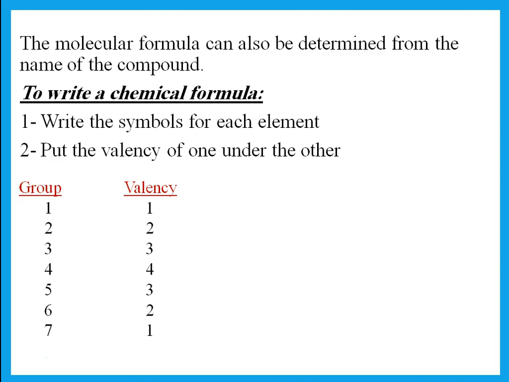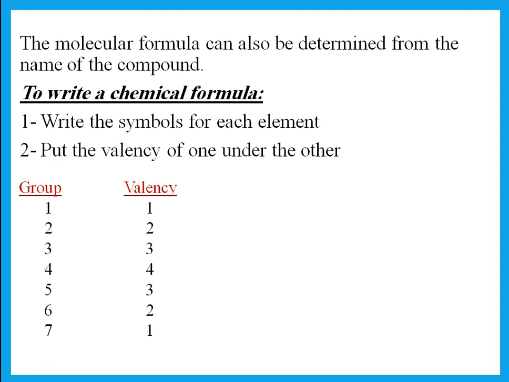So for example, anything in group 1 has 1 electron in its outermost shell. It needs to lose it, so we say that its valency is 1. Valency is basically the number of electrons that we need to lose or gain in order to have a full outer shell. Anything in group 2 has 2 electrons in its outermost shell. It needs to lose them, so its valency is 2.